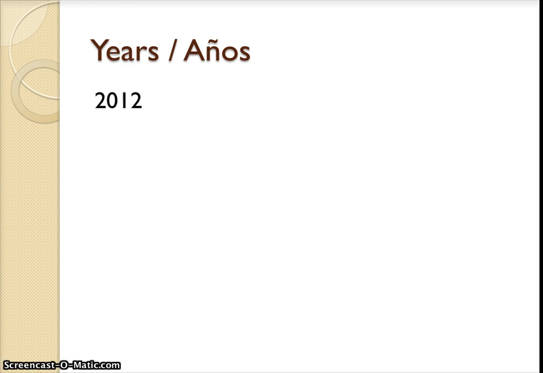All right, so coming back to 2012, we have to write it out using words. So we're going to say dos mil doce. We start off with the thousands, and since it's 2000, that's where the dos mil comes from. And then since we don't have hundreds, we don't include it.